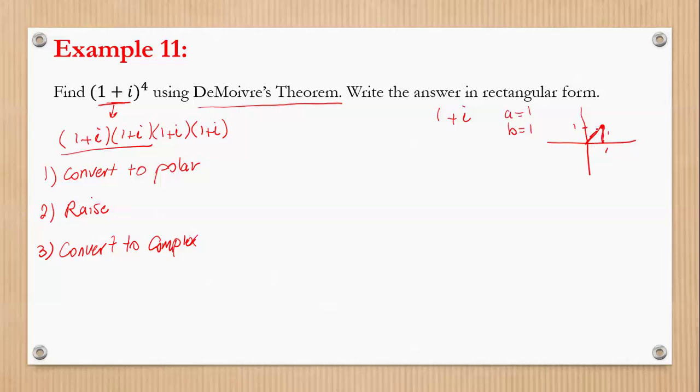The r is the square root of a squared plus b squared, which is the square root of 1 plus 1, which is the square root of 2. And I know the angle is the tangent inverse of b over a, which is the tangent inverse of 1. And I know that 1 is the tangent of pi over 4. Since my angle is in the first quadrant, that's my final answer for theta.